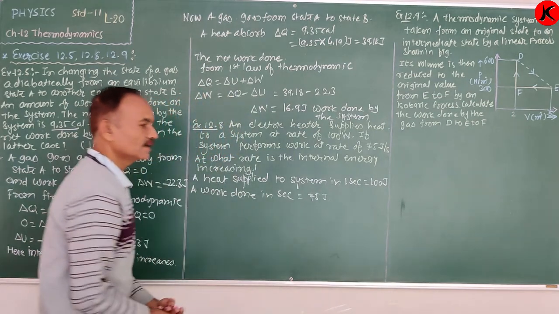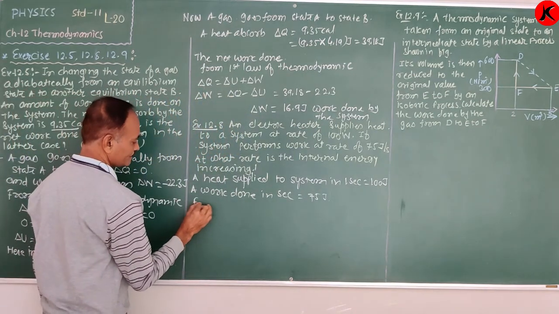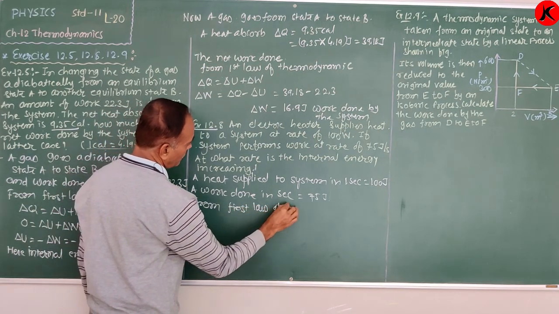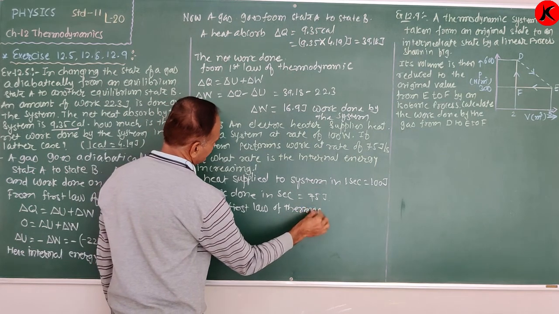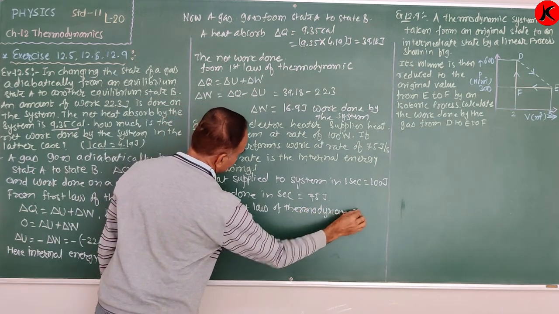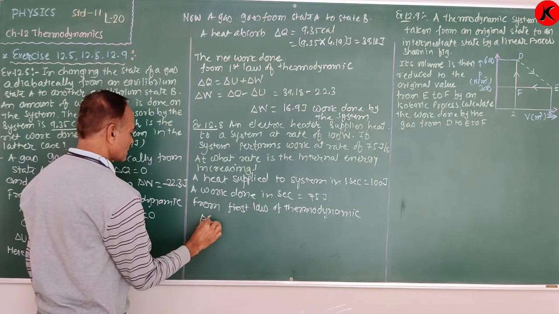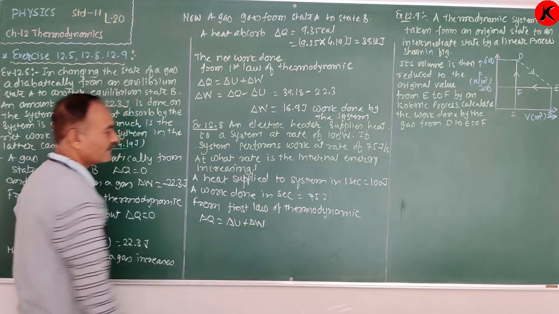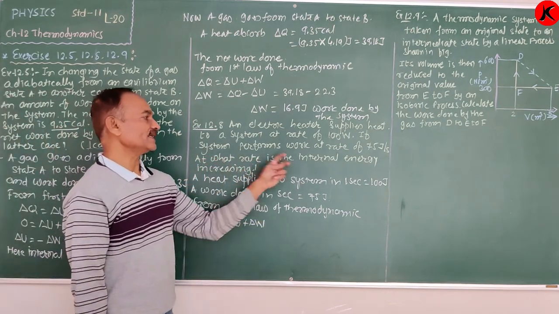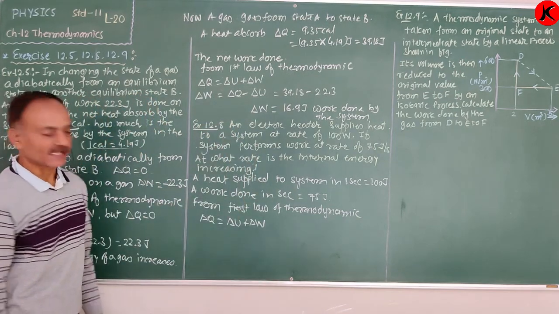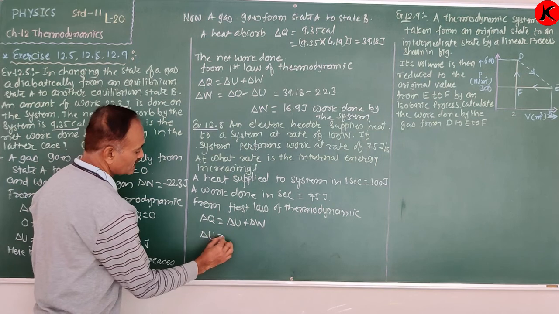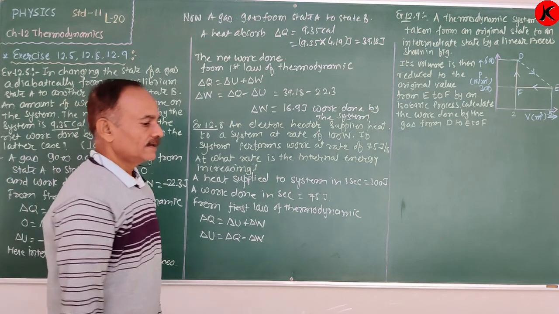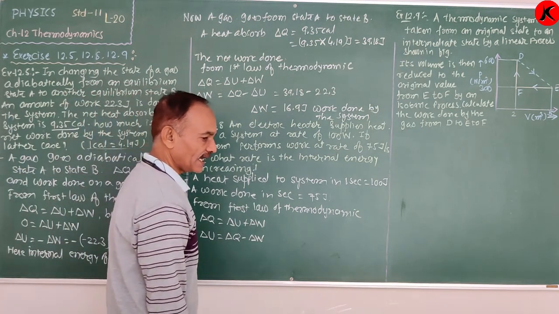From the first law of thermodynamics, delta Q is equal to delta U plus delta W. What we require is the rate at which the internal energy is increasing. Therefore, delta U is equal to delta Q minus delta W.